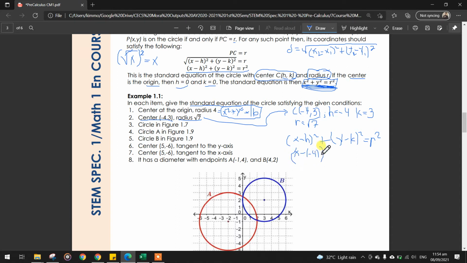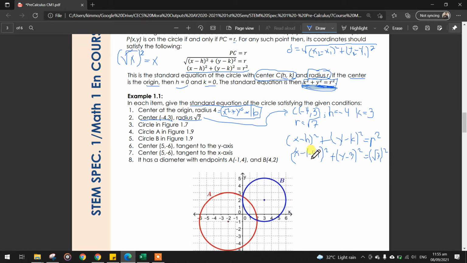Then squared plus y minus 3 squared is equal to, again, our r is square root of 7 squared. So don't forget, naa siya squared.